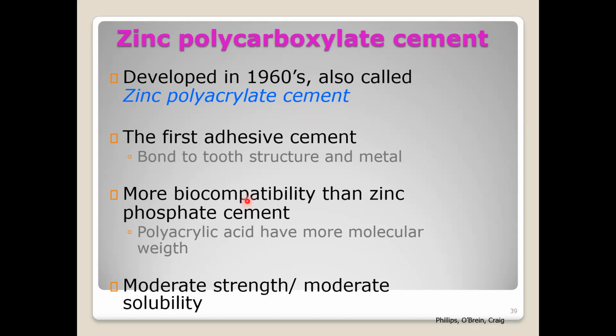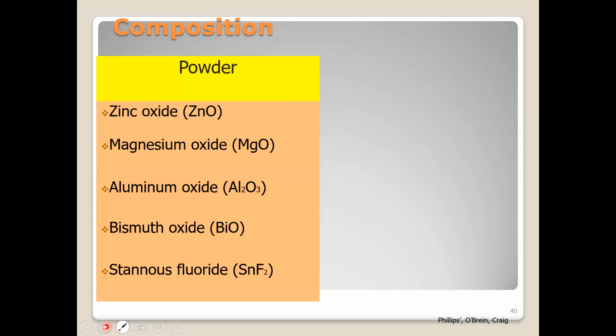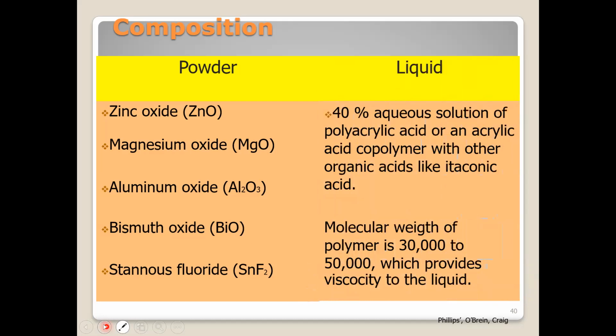It has moderate strength and moderate solubility. So now, again here, the major powder component is zinc oxide, followed by magnesium oxide, aluminium oxide, bismuth oxide, and stannous fluoride.